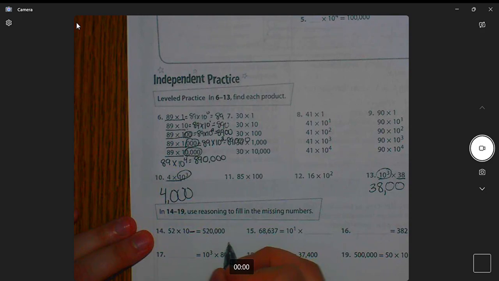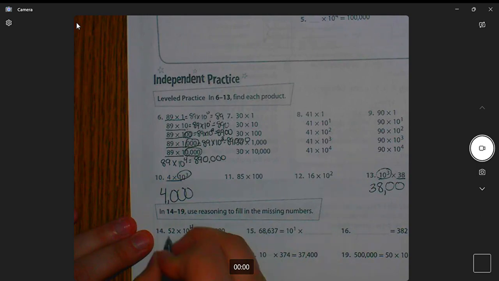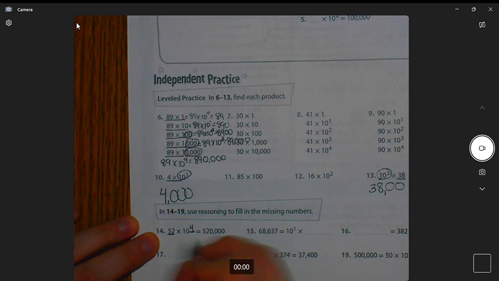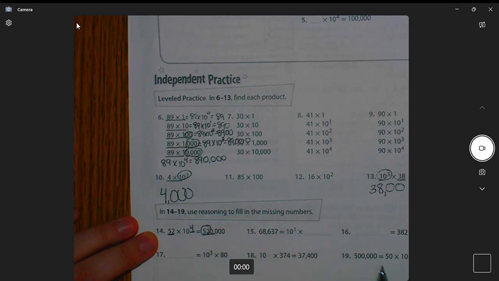You're right, I do, because my zeros tell me how many tens. So 1, 2, 3, 4. And you have to be careful because you need to make sure you know what your basic starting factor is. If it was 520, this would have been where I started. But it was 52, so I just look right there.